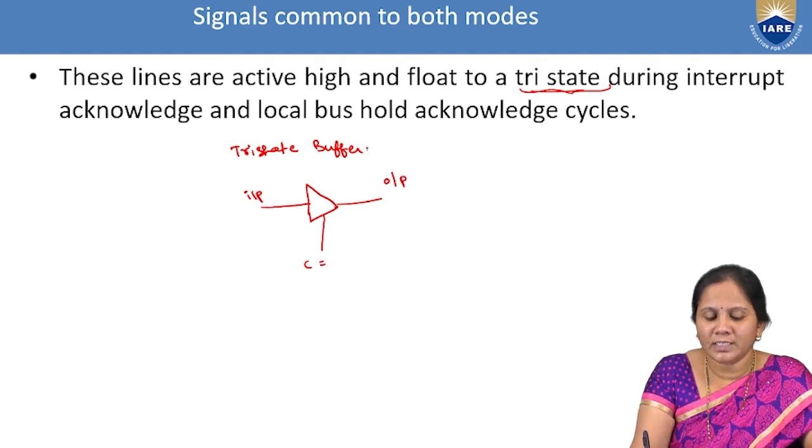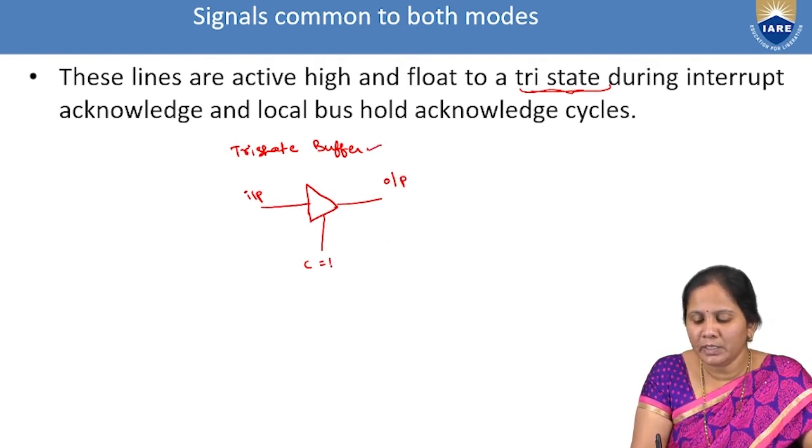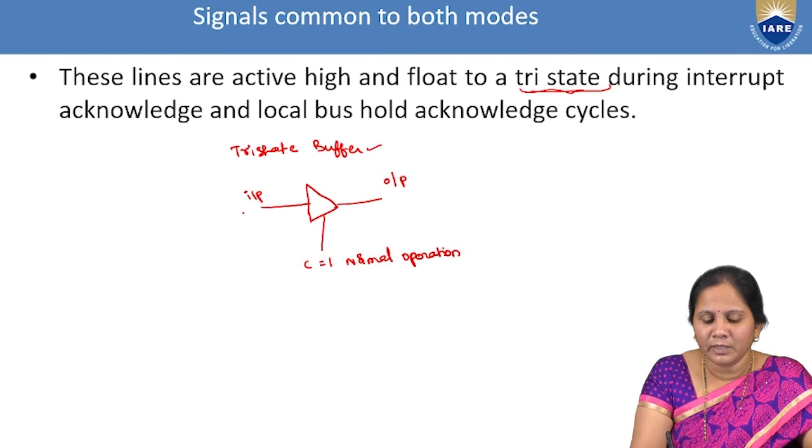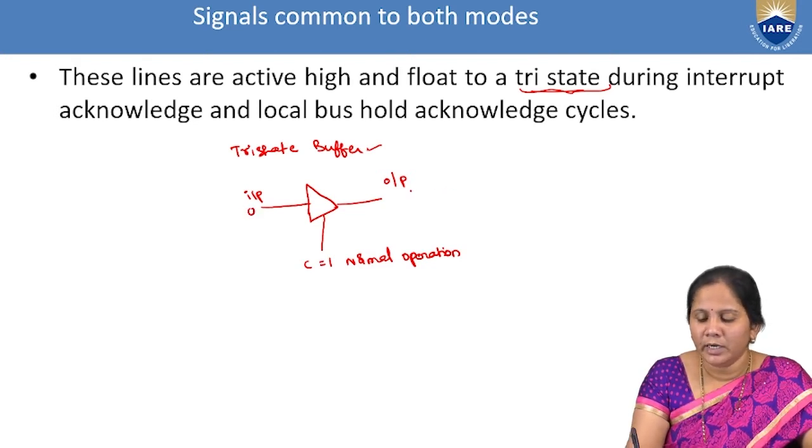For this TriState buffer, if C is equal to 1, the normal operation will be performed. Normal operation means, if you give 0 as input, it will produce 0 as output, and if you give 1 as the input, the buffer will provide 1 as the output.